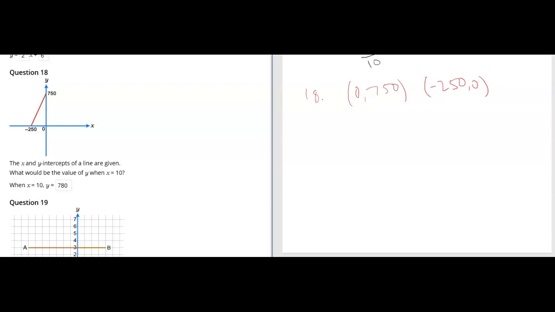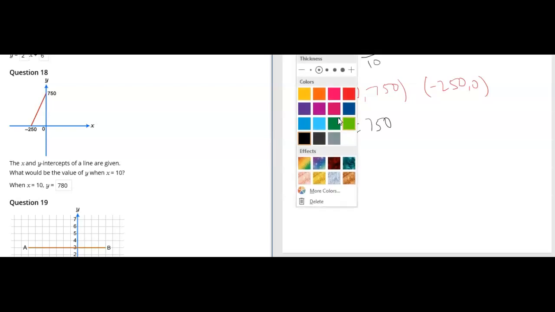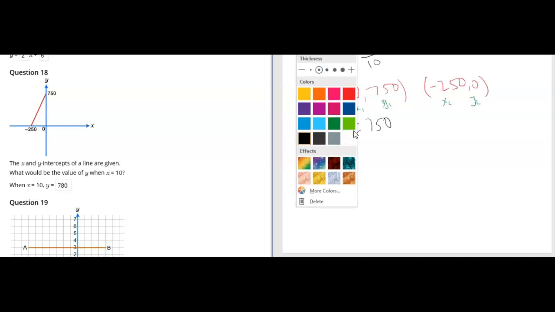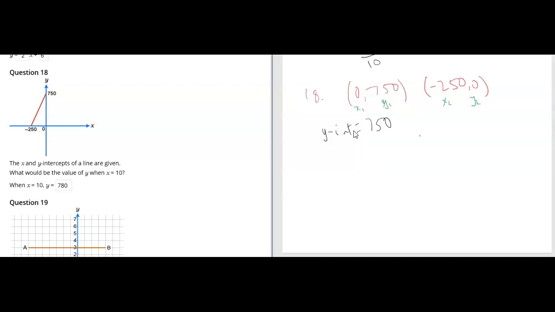Now I can see that my y-intercept, they've already given it to us, which is nice, is 750. So I just need to work out the gradient now. So let's label the points x1, y1, x2, y2, and use the gradient formula. Now I've written it down a few times, I'm not going to write it down again. Let's just get straight into doing the gradient.